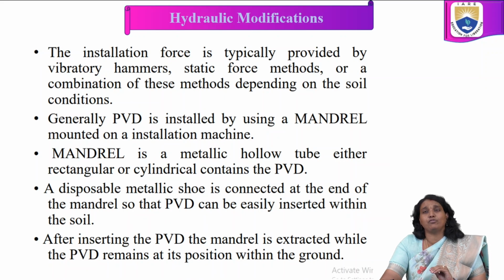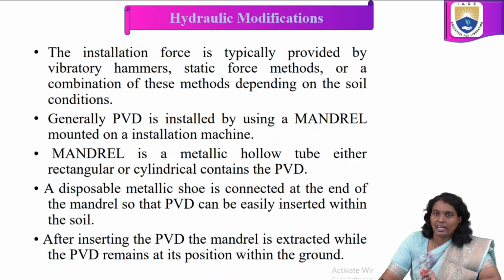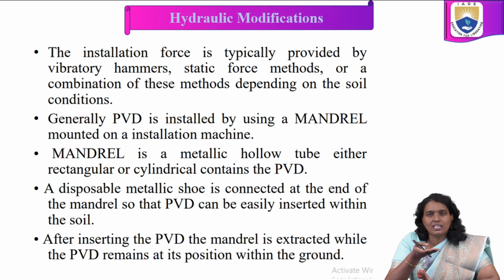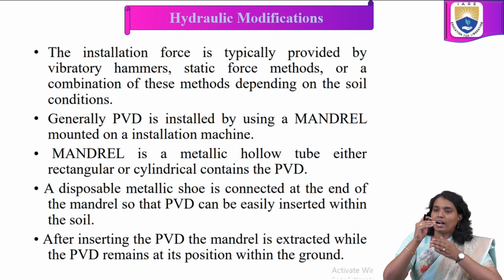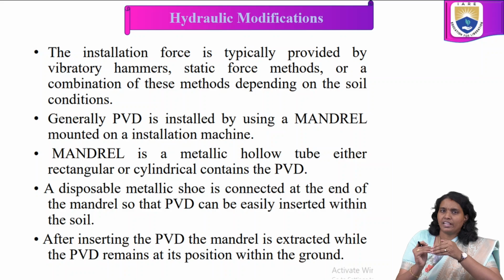The installation force is typically provided by vibratory hammers, static force methods, or a combination of these two, depending on the soil conditions. Whether the soil is soft or hard, until 50 feet the soil is in different conditions and has different properties, and after that it may have different properties.